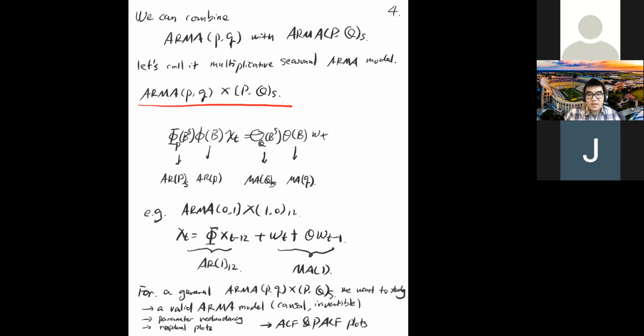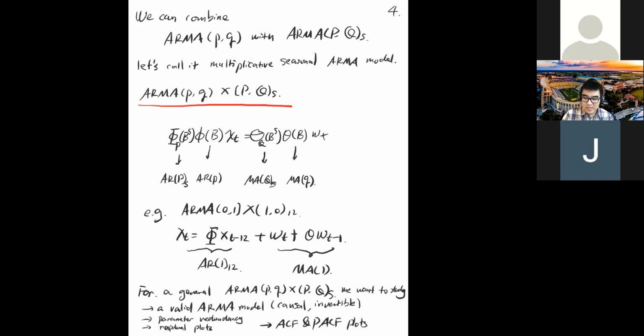We know the ACF and the PACF plot of the pure ARMA model and the pure seasonal model. The question is whether the ACF and PACF plots of this multiplicative seasonal ARMA model also have this very nice cutoff or tails off pattern. That's the thing we want to know.